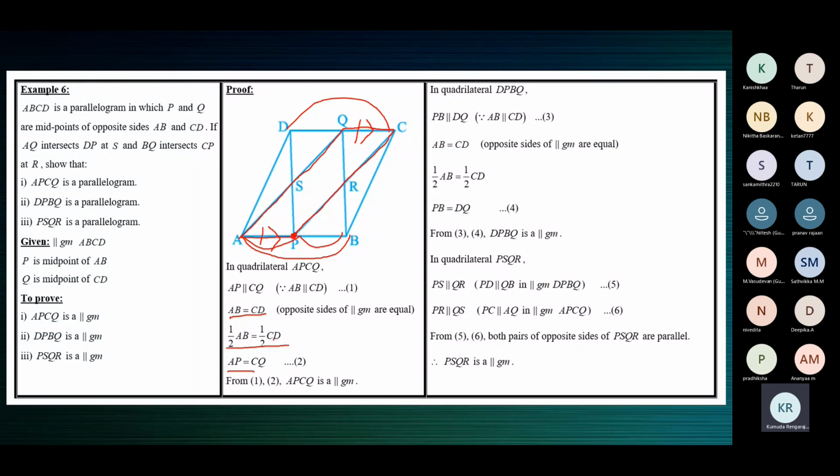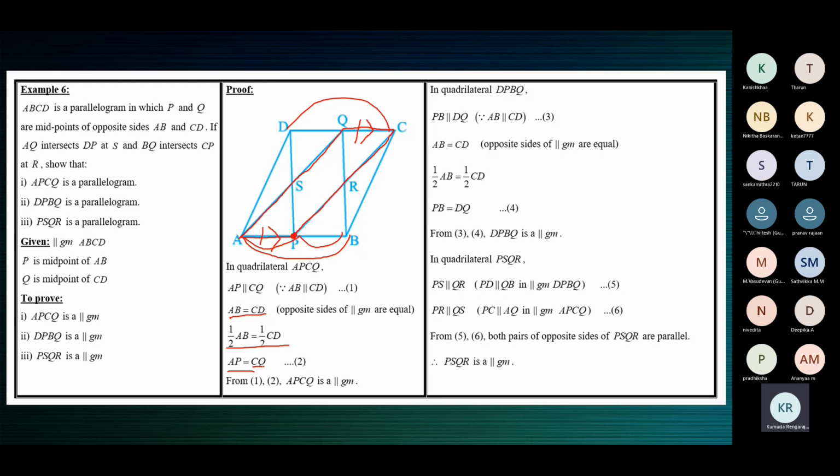Similarly, half of CD, look up in the figure, is DQ or CQ. And you can write CQ, because AP and CQ are the opposite sides. So AP is equal to CQ. So we proved that one pair of opposite sides is equal.